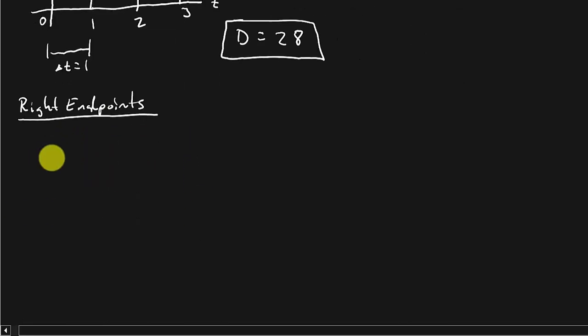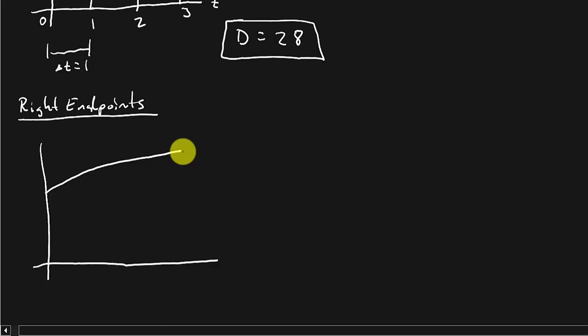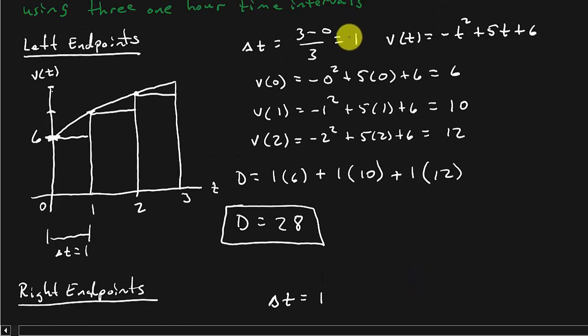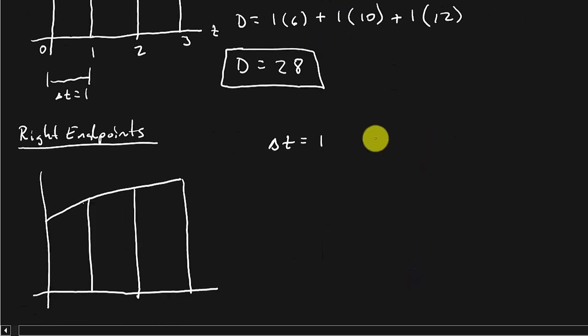All right, so I'm going to sketch the graph again. And we don't need to go through all that delta t. Remember, delta t is 1. We calculated it right here. Now I am going to write the function down again.